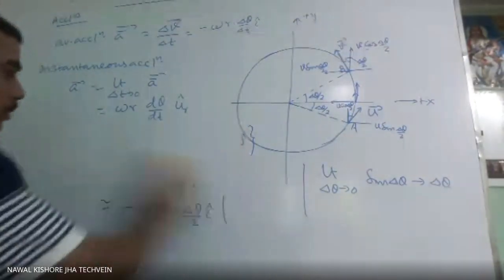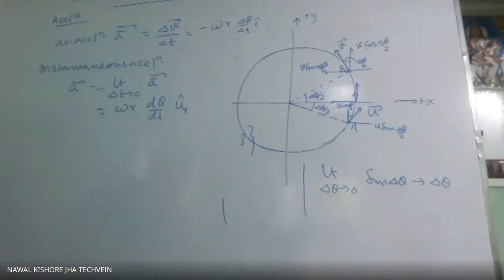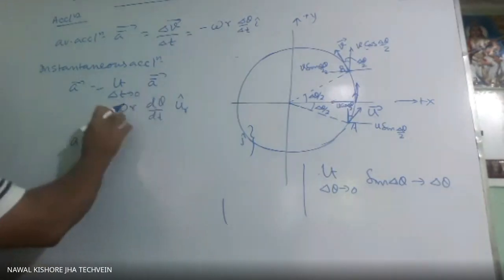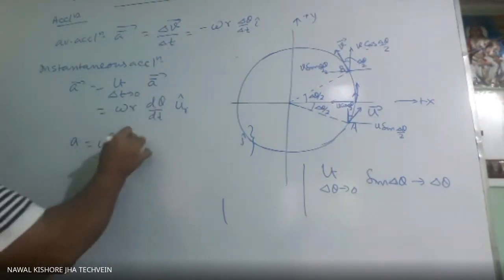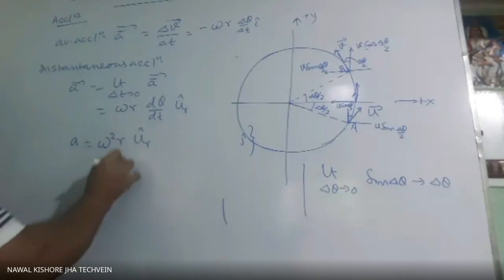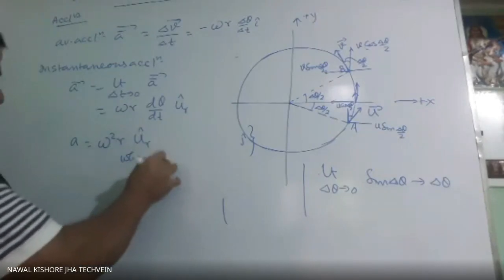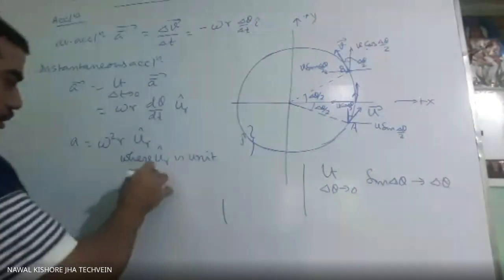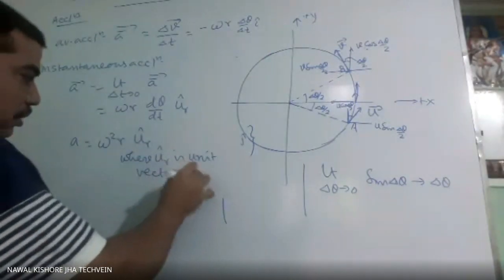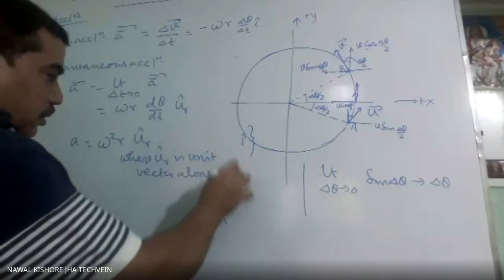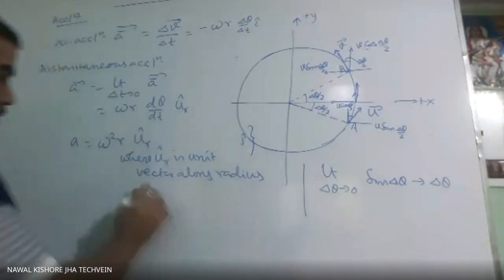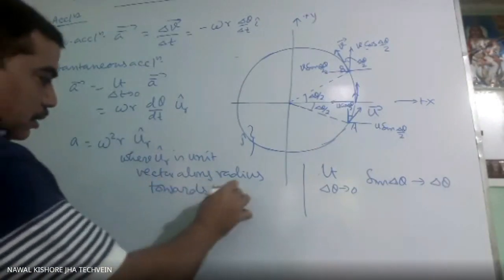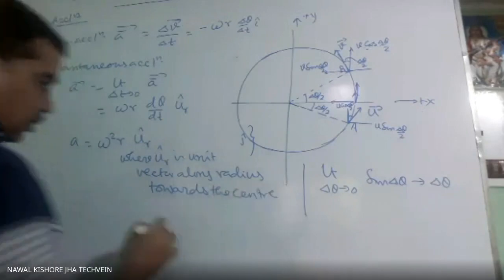We leave up to here only. So a is omega square r ur, where ur is the unit vector along the radius towards the center of the circular path.